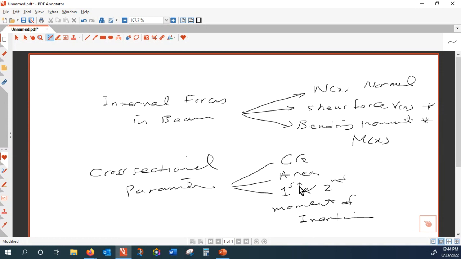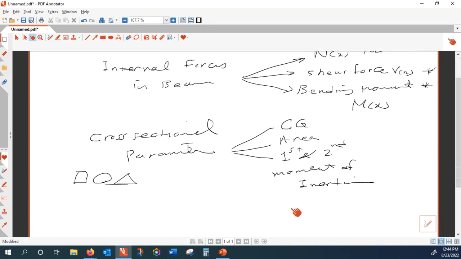So yesterday we discussed how the second moment of inertia makes a difference in the performance of the beam, and we learned how to calculate them. When you are calculating I, it is either a primitive shape like rectangle, circle, triangle, or it could be a compound shape, where you combine primitive shapes together.